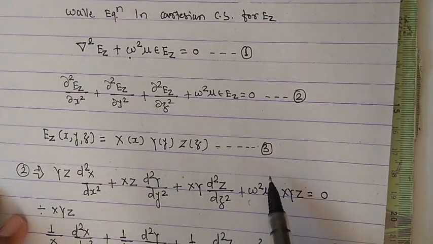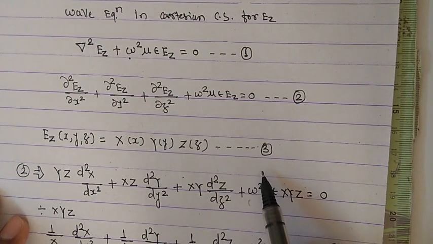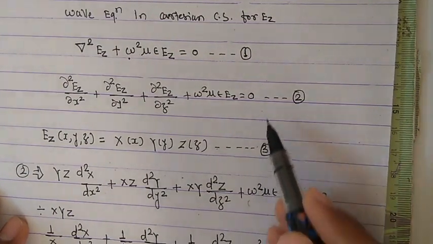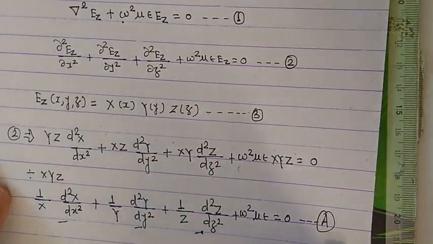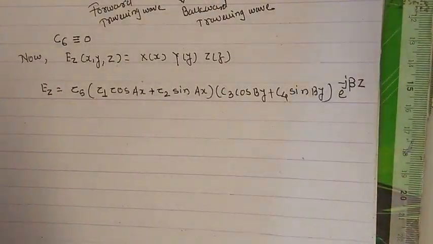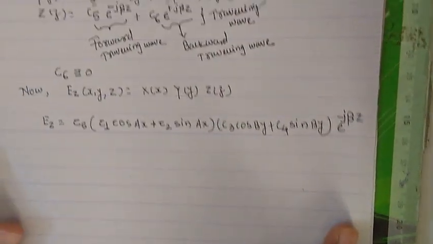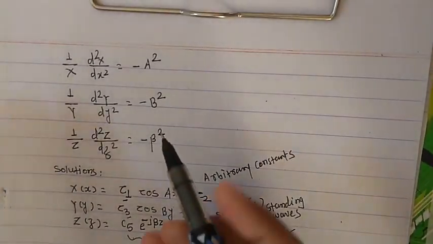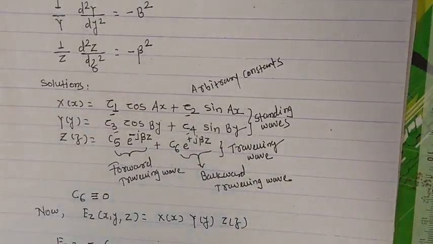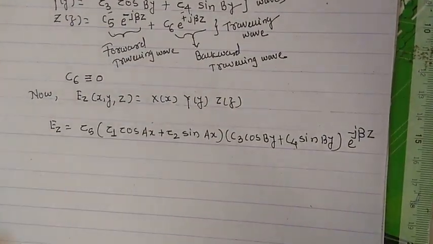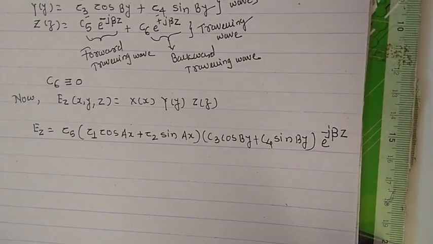Using this in equation 2, we rewrote that equation, and later considered that these are second order homogeneous equations whose solution can be written like this, and finally we arrived at the general solution of Ez.